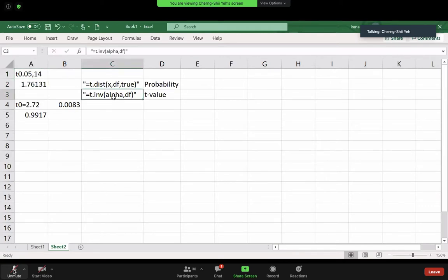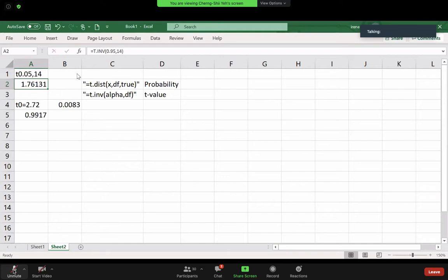So I'm going to use T.INV. The cumulative probability to the upper bound is 0.95, because that leaves the probability greater than that critical value at 0.05. Cumulative probability 0.95, degrees of freedom 14. That returns our T value, positive 1.76.